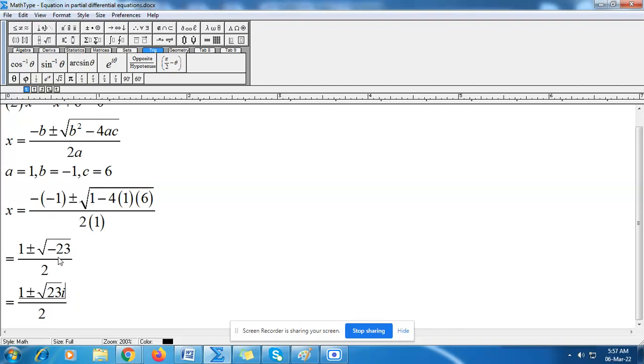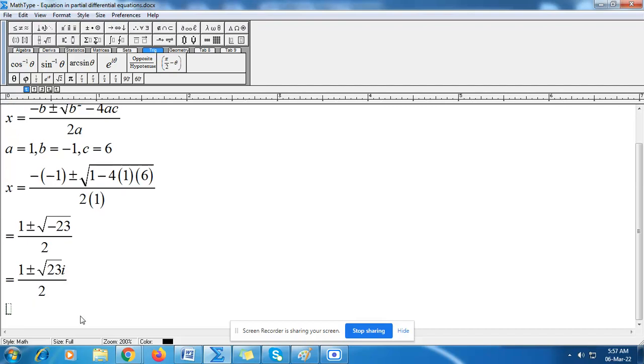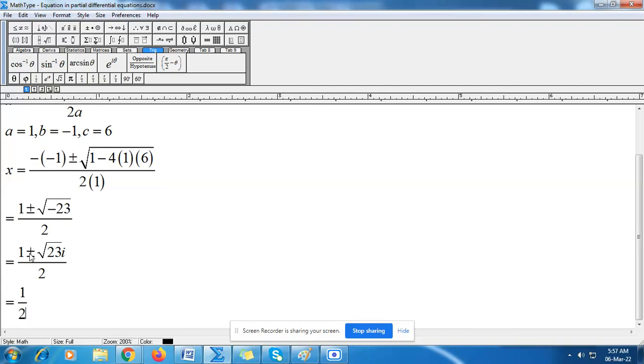Because whenever we have a negative in the square root, that indicates a complex number. So write down root 23 into i. Here we write 1 by 2 plus or minus root 23 i by 2. So these are the roots: 1 by 2 plus root 23 i by 2, comma, 1 by 2 minus root 23 by 2 i is the root.